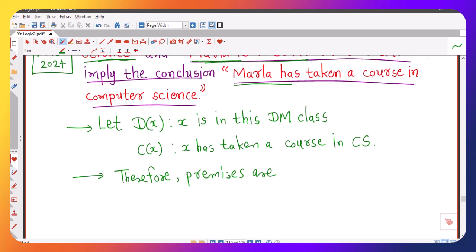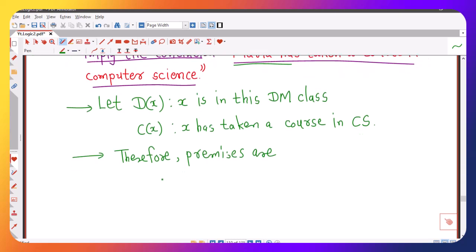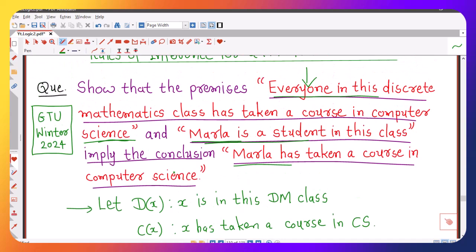So we will use a universal quantifier. We can write that for all x, d of x implies c of x. We have this conditional connective, and this is true for all x because it is given that everyone in this discrete mathematics class has taken a course in computer science.